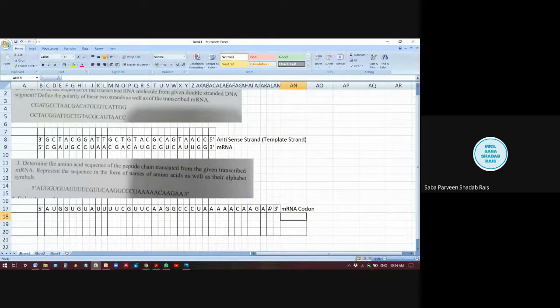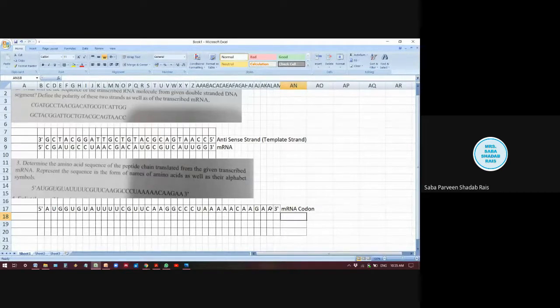Now, see, students, when we have mRNA, it is nothing but the codons which we get after the transcription. After that, the tRNA adds the anticodon over it, and with the help of that the polypeptide chains form.